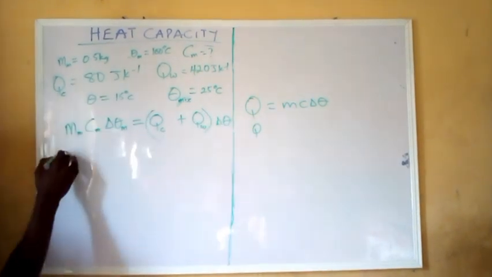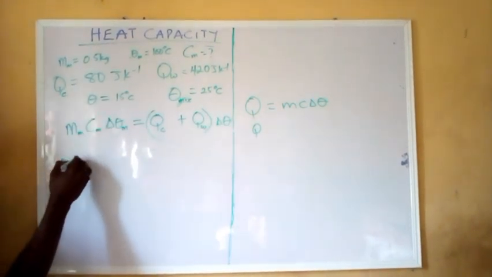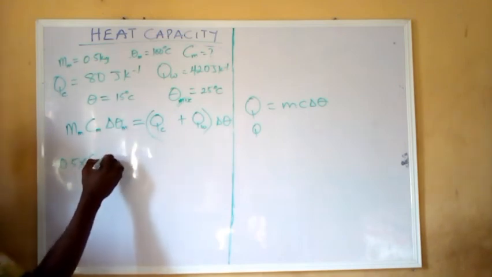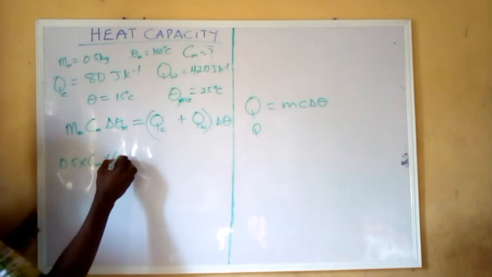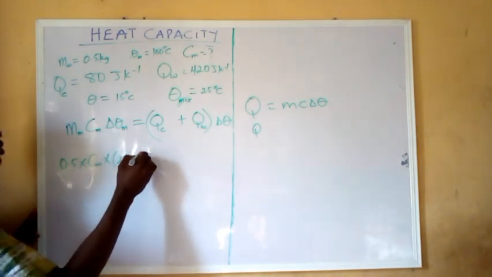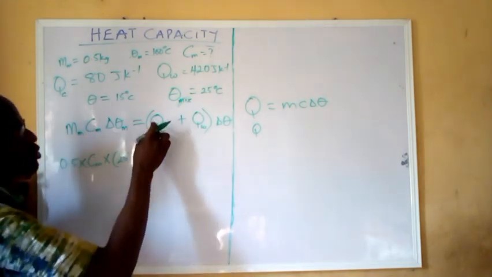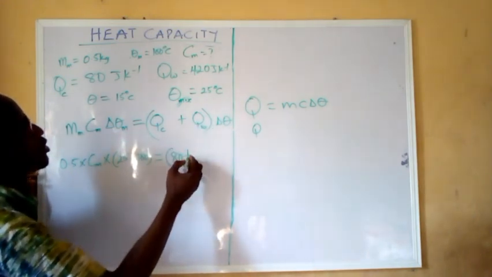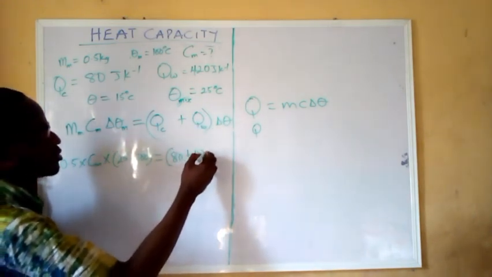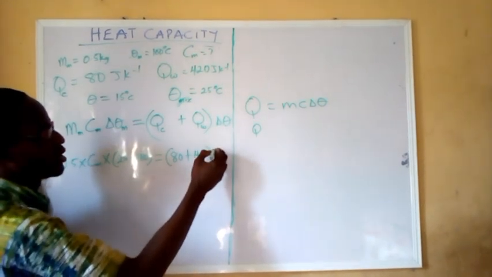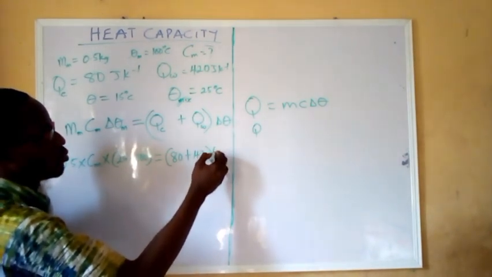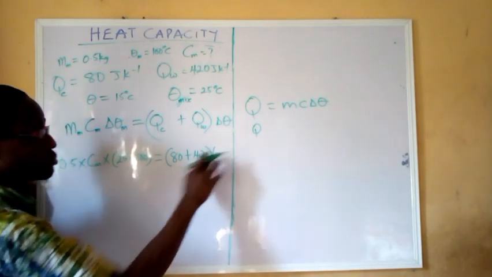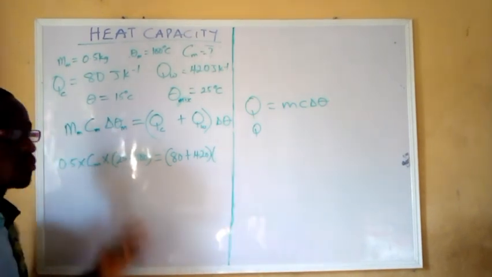So here we have the mass, which is 0.5, multiplied by Cm, which we are looking for, times 25 minus 100, all equals 80 plus 420, multiplied by 25 minus 15. The initial temperature is 15 while the final is 25.